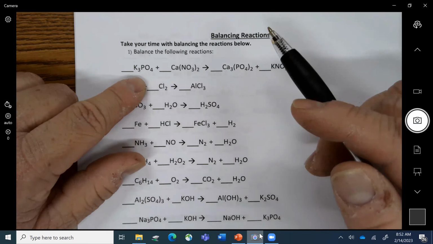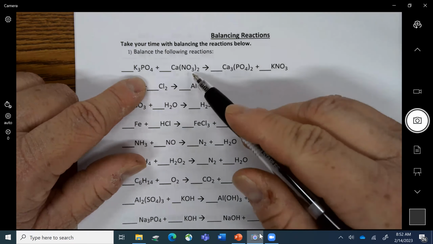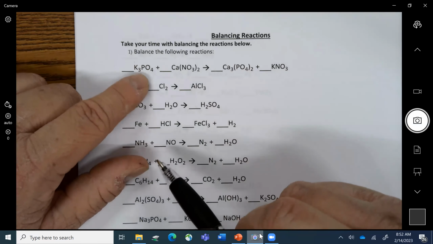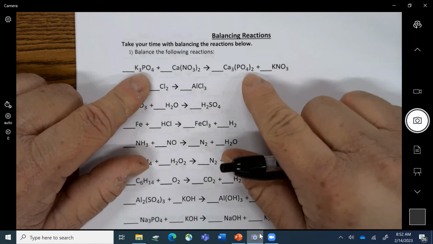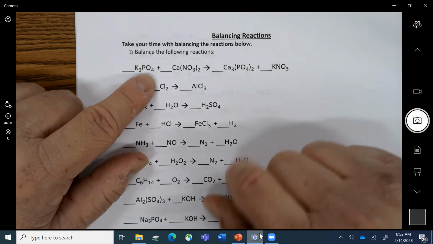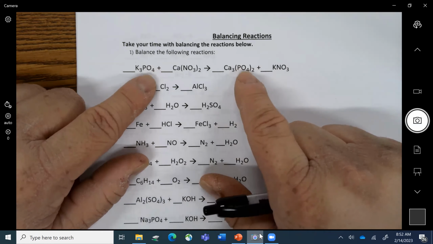So this PO4 is known as phosphate. Here, this is known as nitrate. This is the reactants on the left and over here is the product. So what we need to do is look here at phosphate and see if it stays together. Okay, it does. So when I'm balancing these, we're going to treat them as a singular unit, if that makes sense, okay?